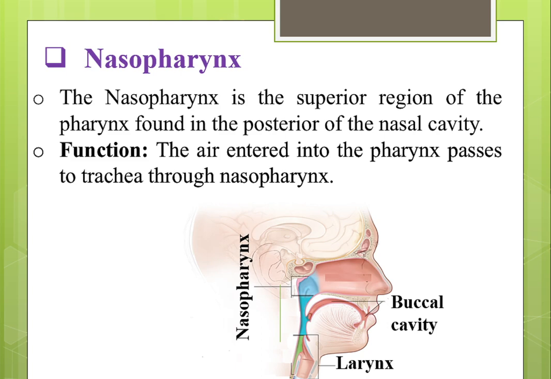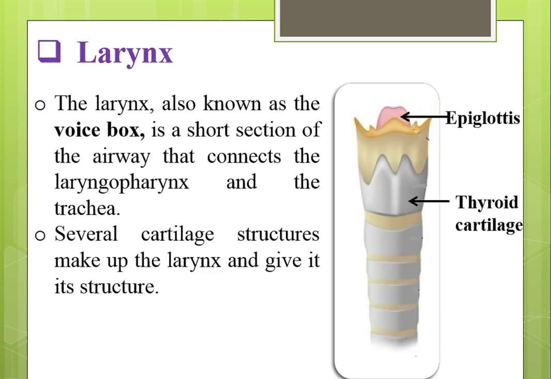The next part after the nasopharynx is the larynx. It is also called the voice box. It is a tube-like structure supported by cartilage. There are several cartilage structures which make up the larynx and give it structure.